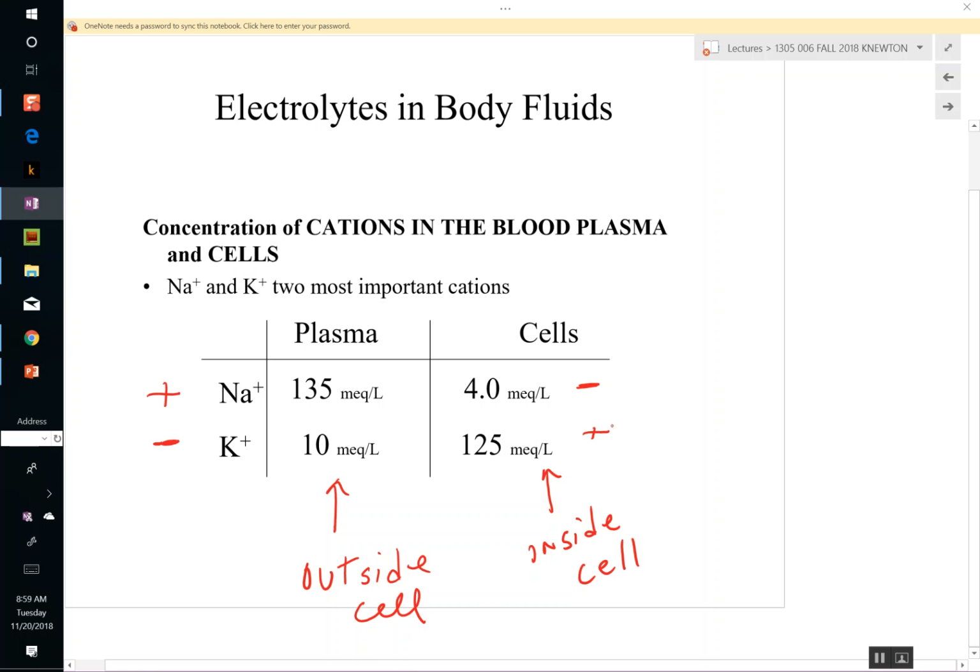It's interesting. This is what the body's doing. The body is setting up a sodium-potassium concentration gradient, outside the cell versus inside the cell. So the cells of your body are transporting in potassium and punching sodium out of the cell to make this gradient.